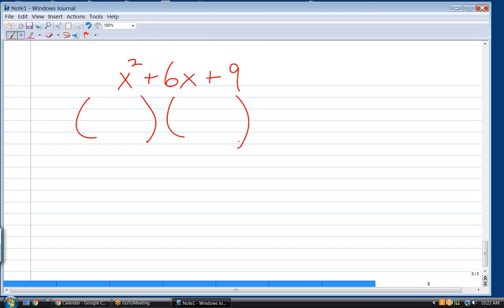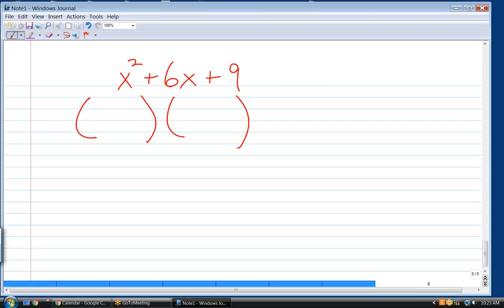I'm going to teach you my method, and there are varying degrees of difficulty, but I think you can probably get by on the GRE pretty well with just being able to do the ones that have a 1 as a coefficient in front of the x squared term. That makes all the difference in the world. In other words, that makes it easy. If I had a 2 there, then the problem becomes much more difficult. But let's get you proficient at doing these where there's a 1 in front of this.